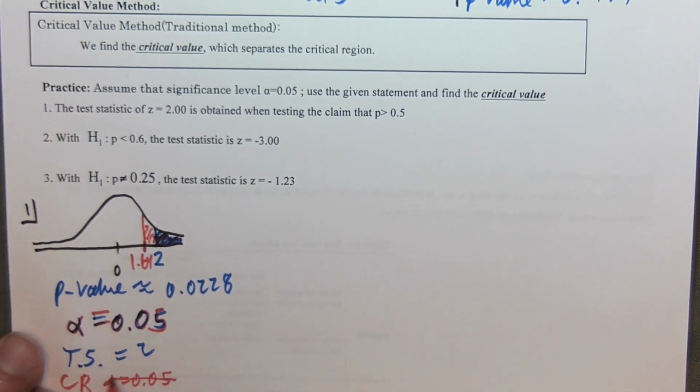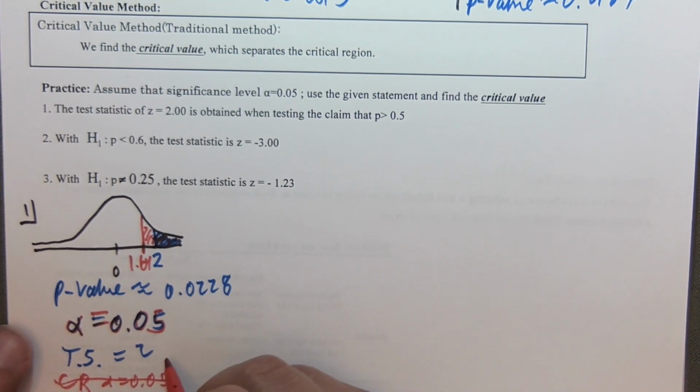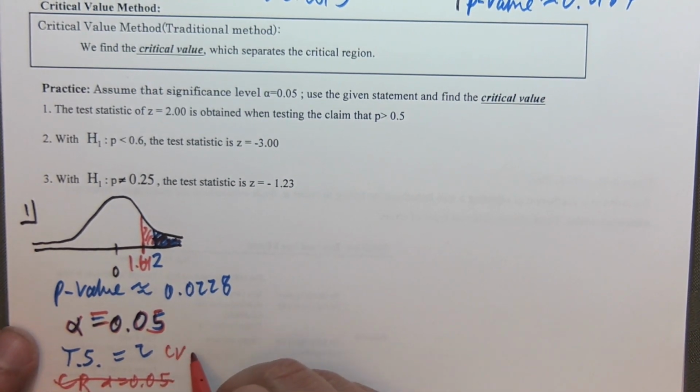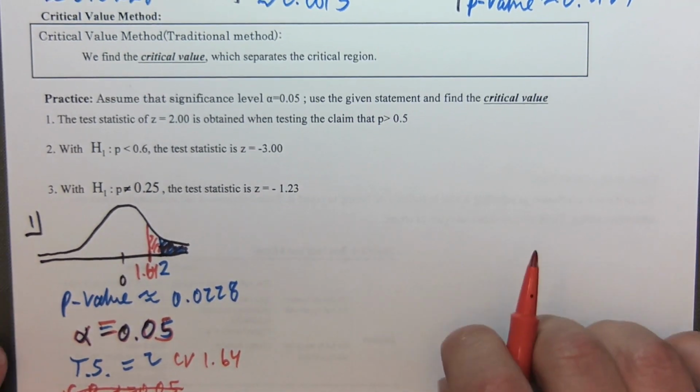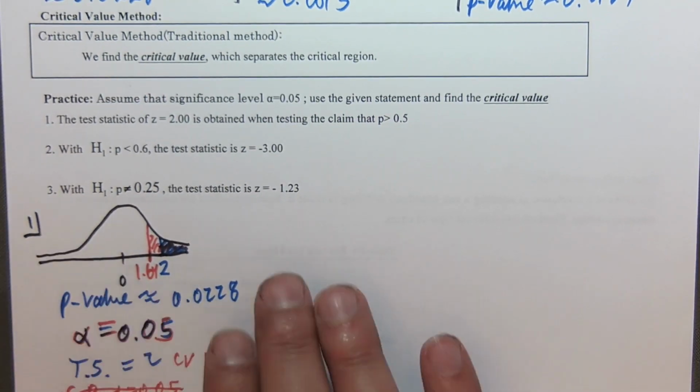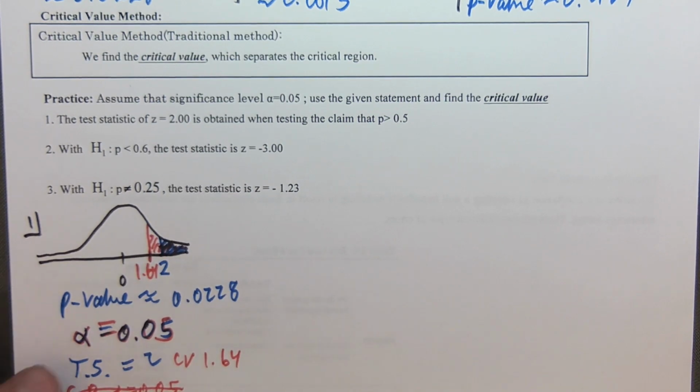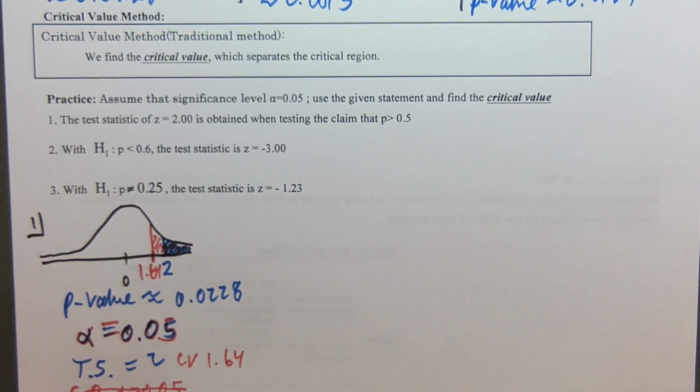Not alpha. It's the critical value, which is the 1.64. And now we don't know how we're going to compare those, but these are the two different ways. So one is comparing area, the other one is comparing the test statistic to the critical value, which is the boundary for the critical region, which is what the red is, the alpha. All right, so we're doing this in layers.